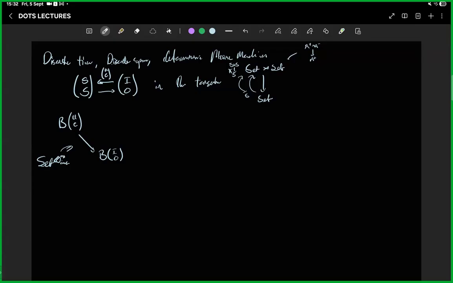If I was doing this in set, I would say maybe that the behaviors of the interface would be the functions of time in the interface. But now I can say that BIO, right? If it was in set, I might say that it's the set of all I in I^N, blackboard bold N, and O in O^N, and that's it actually, right? So that would be like what we were doing before. But now that would be in set.